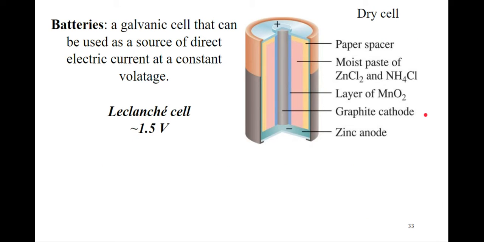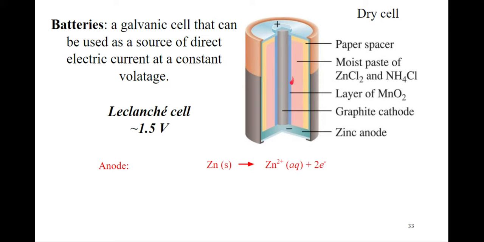Let's talk batteries. Batteries are just controlled redox reactions where you strategically layer your anode and cathode to be separated, so that you need something to make contact before they can produce an electric current. Most commonly we use what are called dry cells. This is a Leclanché cell where zinc is the anode, providing the electron source.